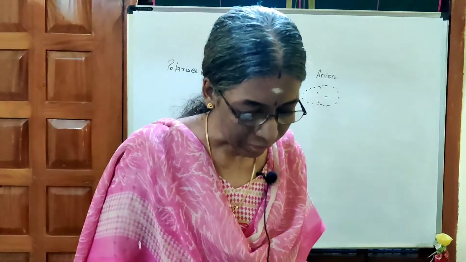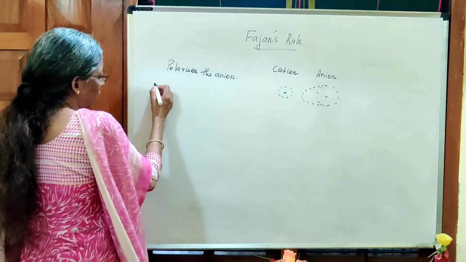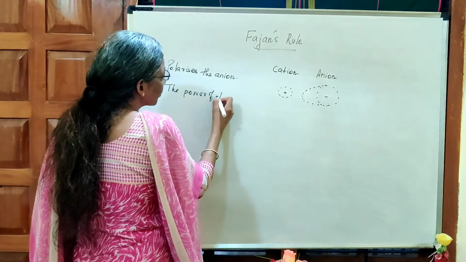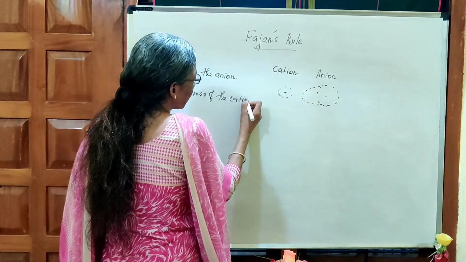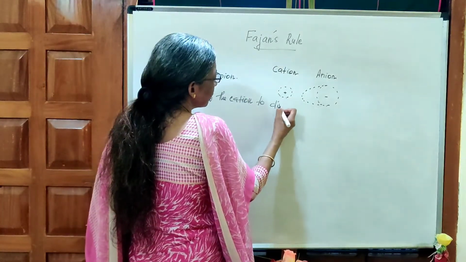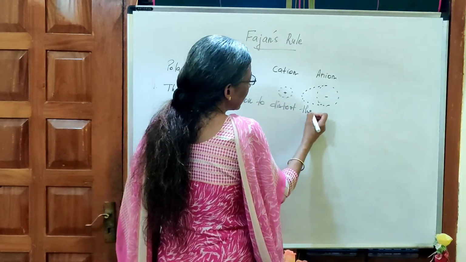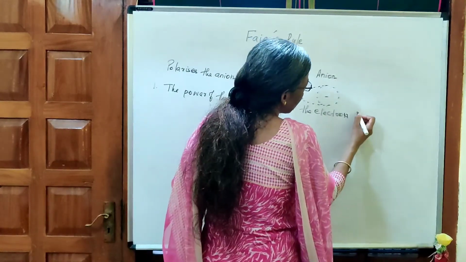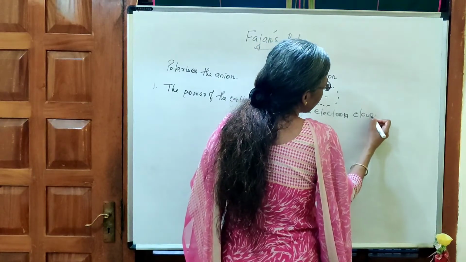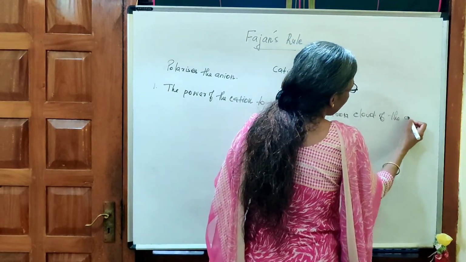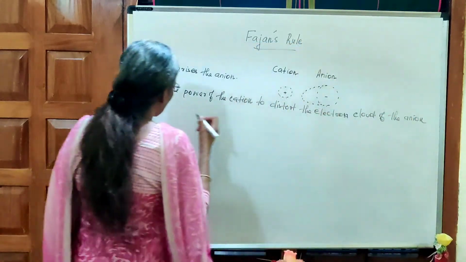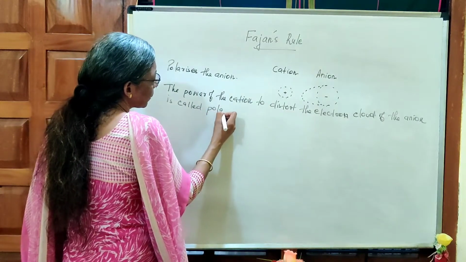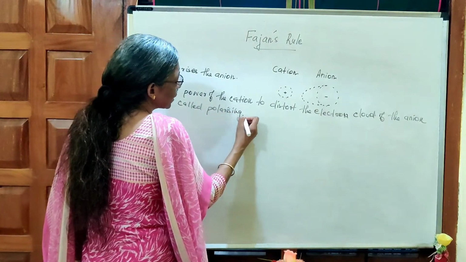So first, number one, we can see the power of the cation to distort the electron cloud of the anion. That is called polarizing power.